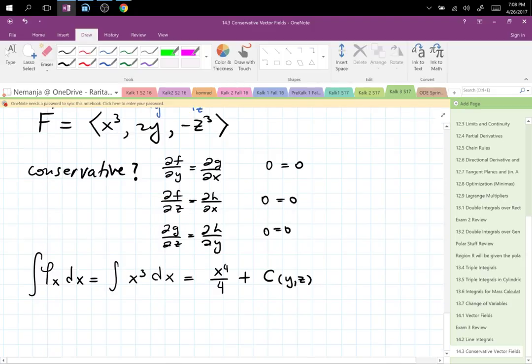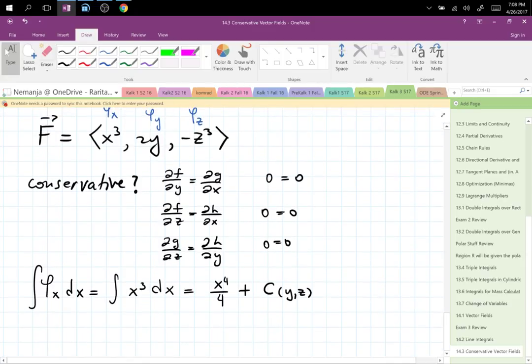That's always with respect to the other two variables, because if you take the derivative, right? So now this is already the partial answer. Maybe I'm going to box it in purple. It's a partial answer. So this is already your phi of x, y, z.